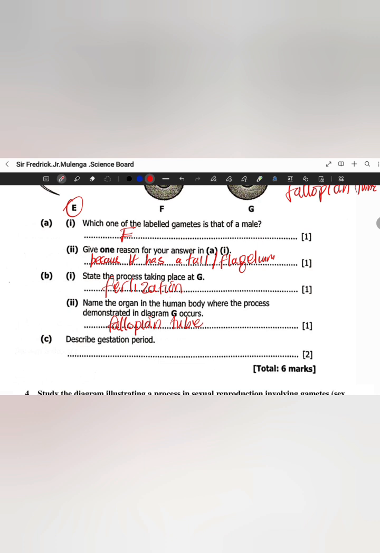Then describe gestation period. The question is saying describe, so you need to explain a little. How are you going to explain?